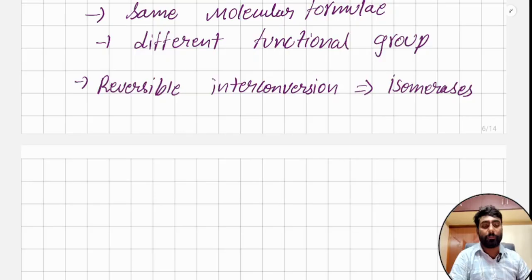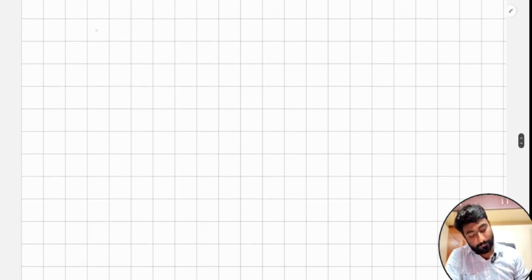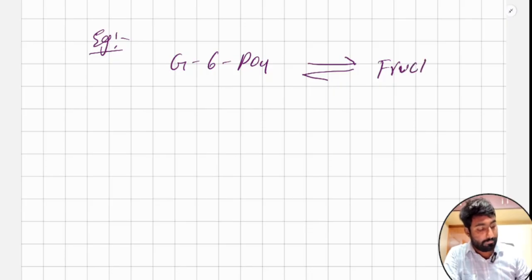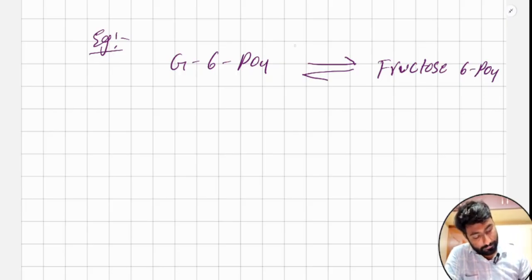Got it, students? For example, glucose and fructose. Like during your glycolysis, glucose 6 phosphate is getting converted into fructose 6 phosphate with the help of the enzyme phosphohexose isomerase.